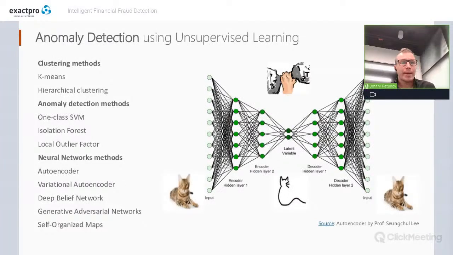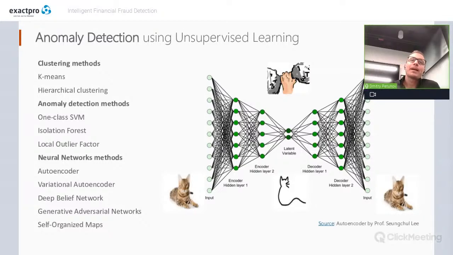If you pass a cat to input and the model has output also a cat, it means that it is a good cat, or maybe a real cat. But if output returns a dog, in other words, the model reconstruction error is high, it means probably it is a hacker cat or bad cat.